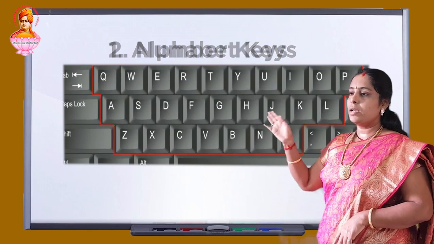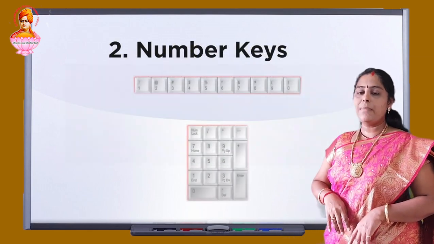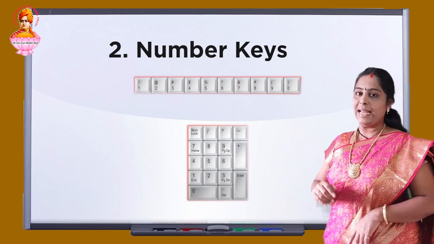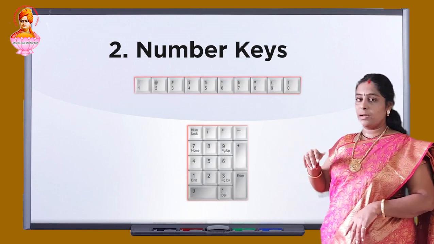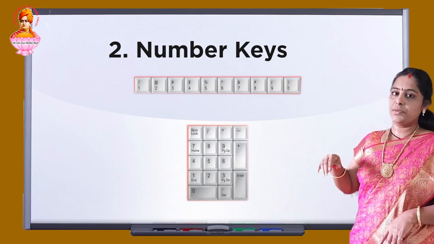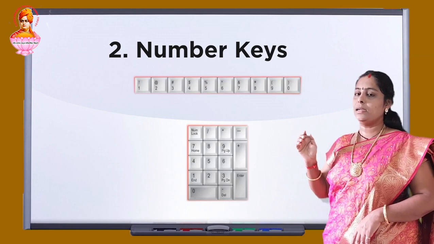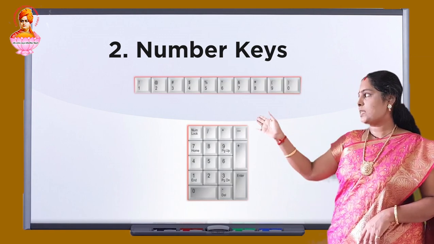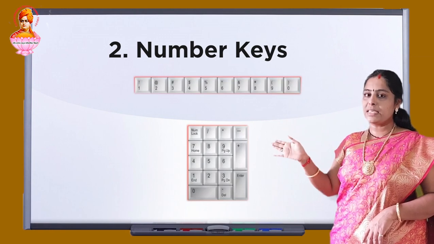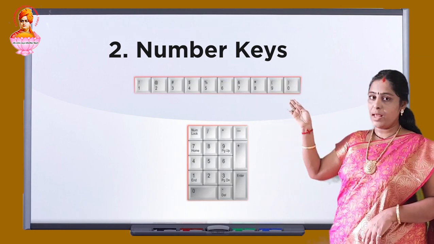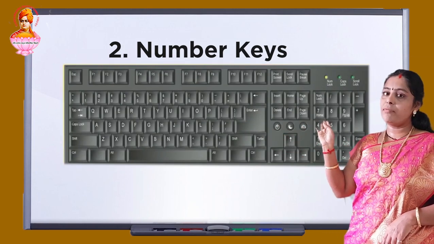Okay, so the next key is our number keys. The number keys are also called numeric keys. And these number keys have numbers from 0 to 9. So the number keys have how many numbers? It starts from 0 to 9. And these numbers are seen at the top of the keyboard, and at the same time they are also present at the right corner of our keyboard.